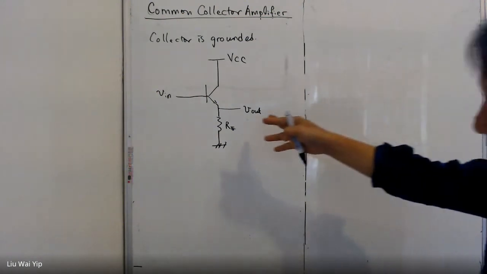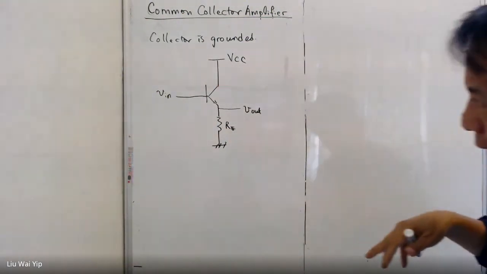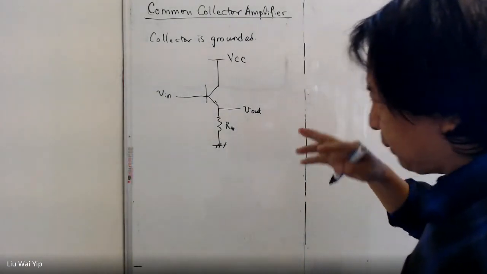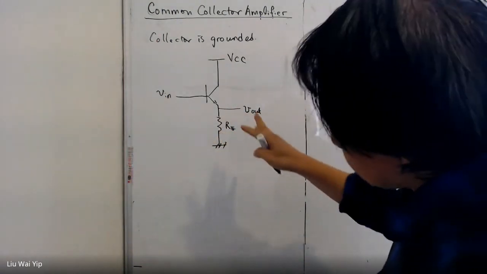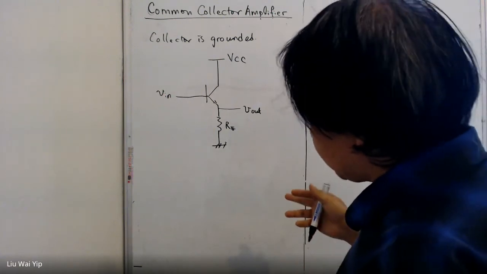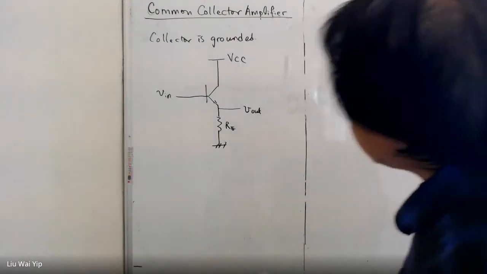Now we are going to analyze the circuit. The first step is to replace this transistor with its small signal equivalent. There are many small signal models you can use. From my perspective, I think the T model is the best one.